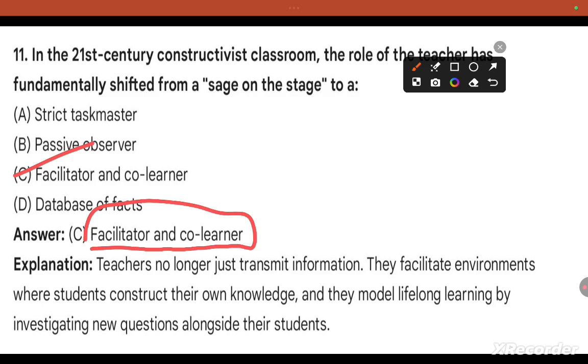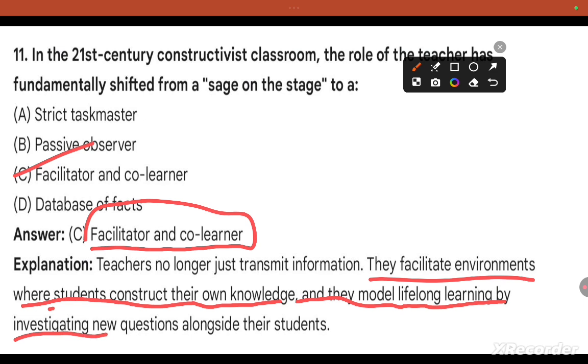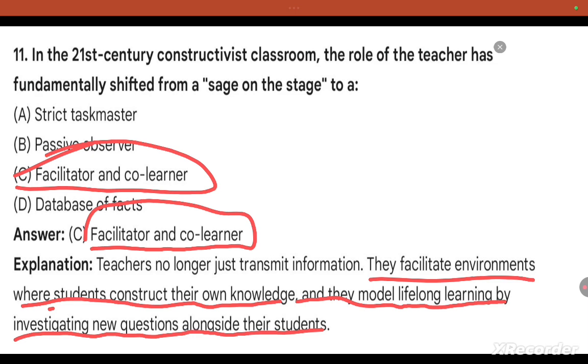The teacher no longer just transmits information. They facilitate environments where students construct their own knowledge, and they model lifelong learning by investigating new questions alongside their students.